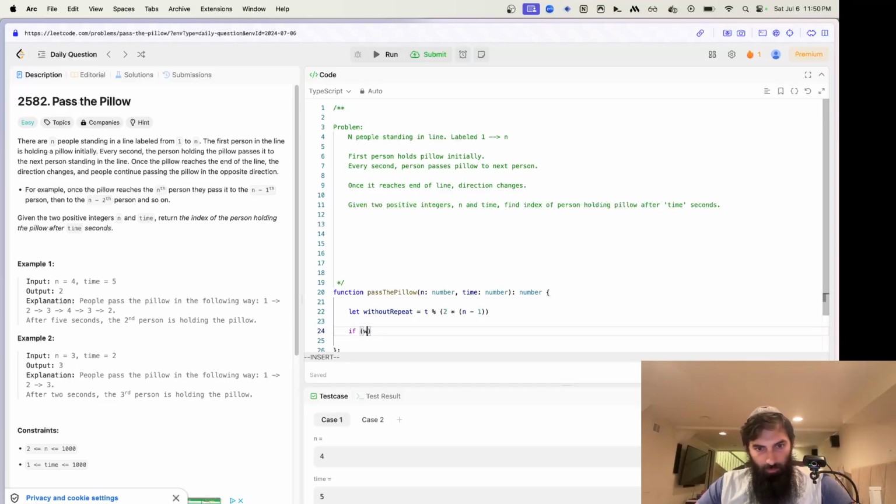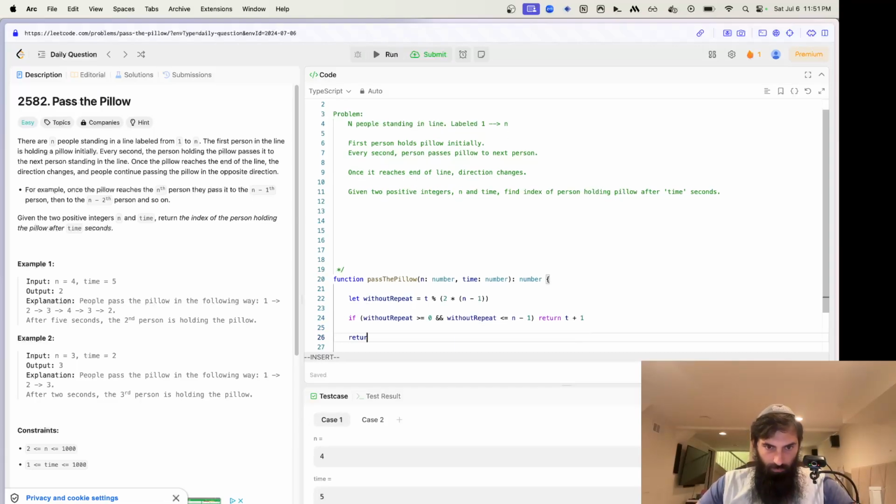So if without repeat is greater than, I guess greater than or equal to 0, and without repeat is less than or equal to n minus 1, return t plus 1, and then return 2 times n minus t minus 1.